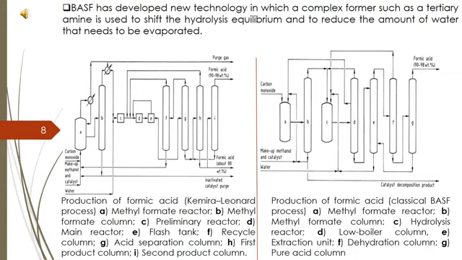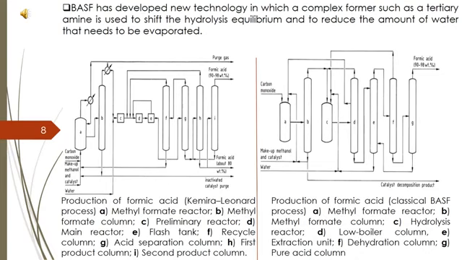You can see the major differences. The methyl formate reactor is the same in both. The methyl formate column is also the same in both. C, preliminary reactor and main reactor: there are two reactors in the Kammer-Lennard process, but in the classical BASF process there is only one hydrolysis reactor.